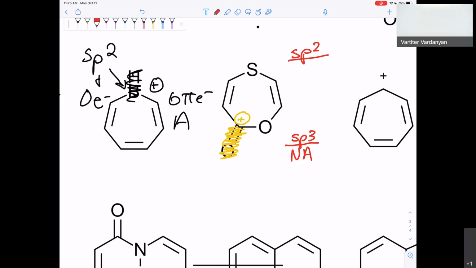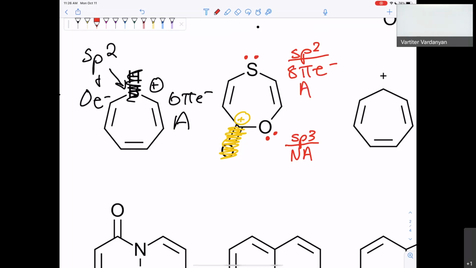This time he didn't draw any electrons. So how many electrons max can these guys give you each? 2. So I'm just going to draw 2 electrons here. Now if they were both sp2, how many electrons would we have in this molecule? 8 again, yes. And so that would mean it's aromatic or anti?